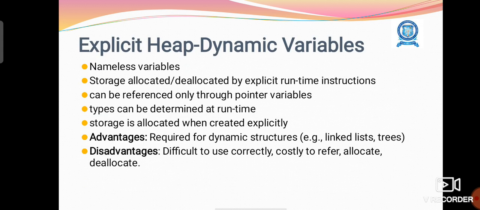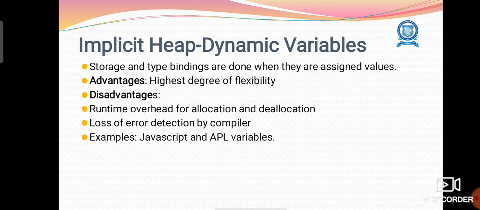Explicit heap dynamic variables are nameless variables. Storage is allocated or deallocated by explicit runtime instructions. These can be referenced only through pointer variables. Implicit heap dynamic variables: here the storage and type bindings are done when they are assigned values. The runtime overhead of allocation and deallocation is the disadvantage. The advantage is the highest degree of flexibility.